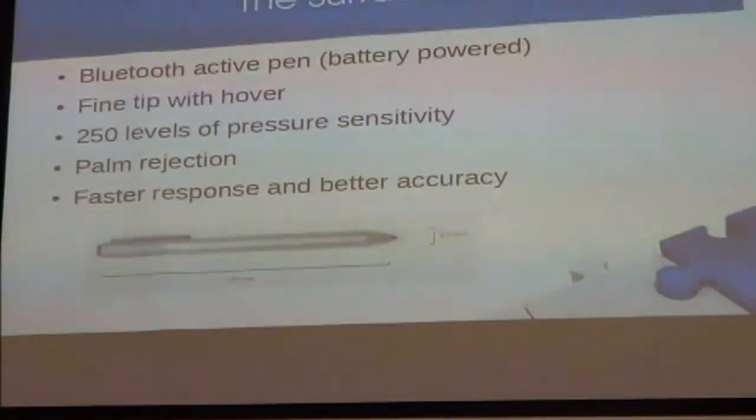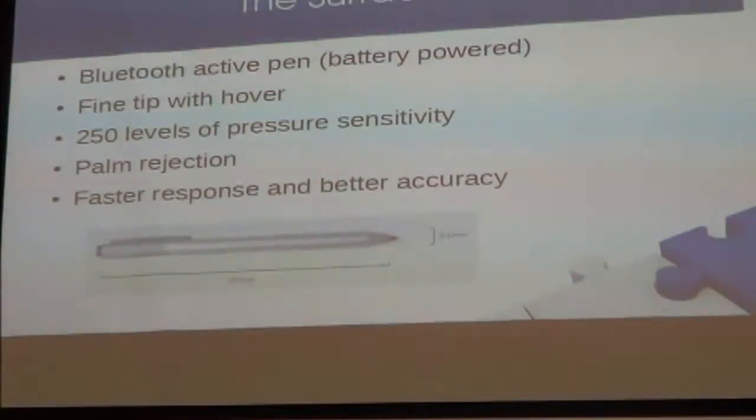It also offers palm rejection, so as it detects your pen is really close to the screen, usually your palm will be resting on the screen, and that can cause things to move up and down. It actually detects that you're writing now, so it ignores any palm movement. The other tablets don't necessarily have that feature, and it's much more accurate.